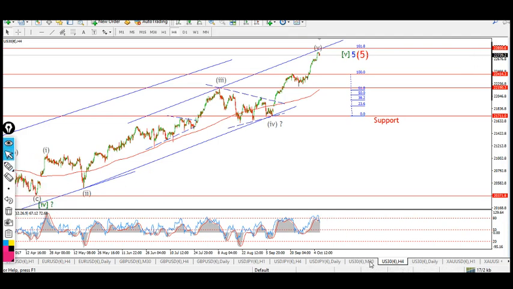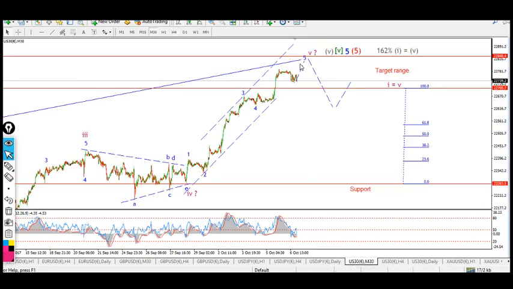So that's where that came from. So for next week, we're looking for a slight new high and then the beginning of an impulse structure to the downside. And if I'm correct on this one, the beginning of the latest and newest and probably most devastating bear market we'll ever live through.